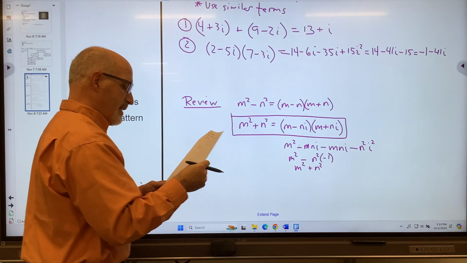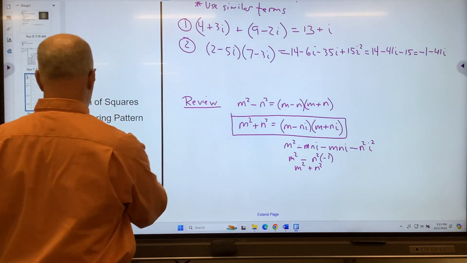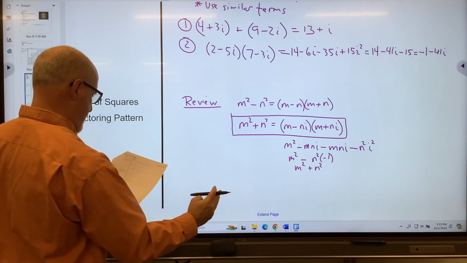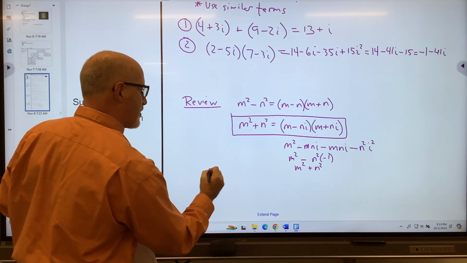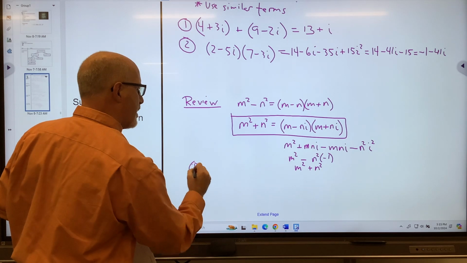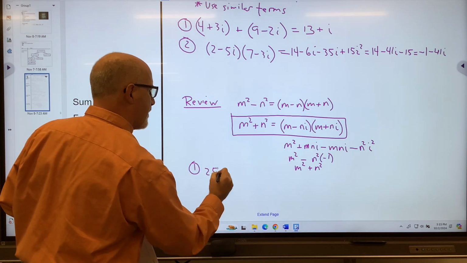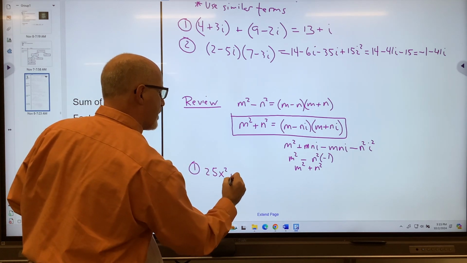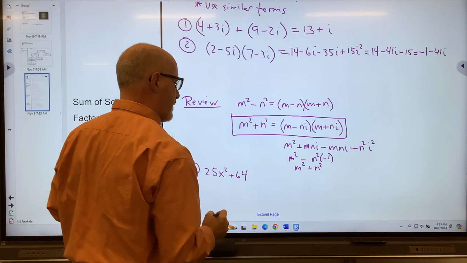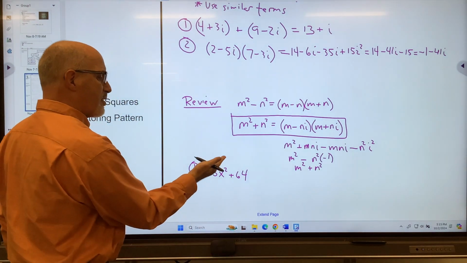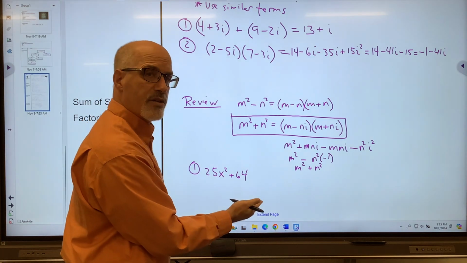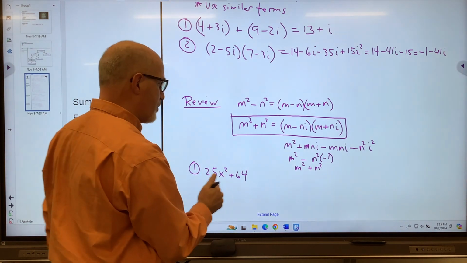All right, so as an example, let's factor 25x squared plus 64. Well, all you have to do is recognize the pattern that there's a plus with two squares. It's a binomial with two squares.